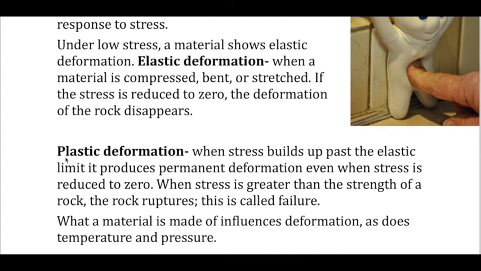Plastic deformation. Now, not plastic as in the stuff, but if something is plastic, it can take a new shape. So imagine taking some clay and putting your finger in the clay, and the clay now holds the shape of your finger, the print of your finger. That's plastic, because it doesn't restore to its original shape.